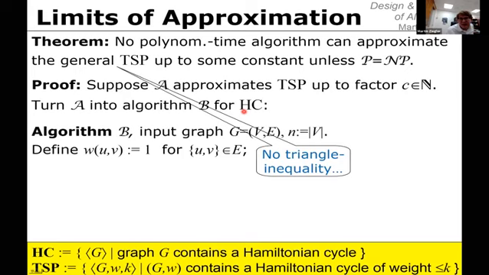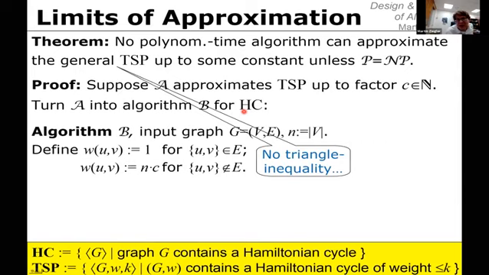So some edges may be absent, and now what our algorithm B will do is artificially assign natural number weights to the edges, namely a cheap edge with little weight 1 will be an edge that is already present in the given input graph. So these edges that are present in the graph will be given small weight.